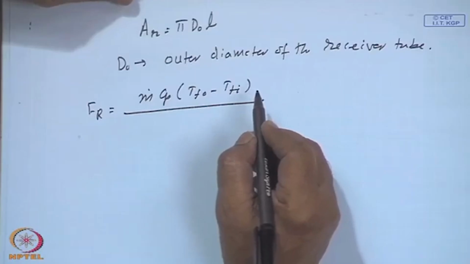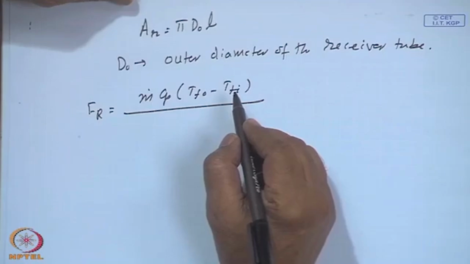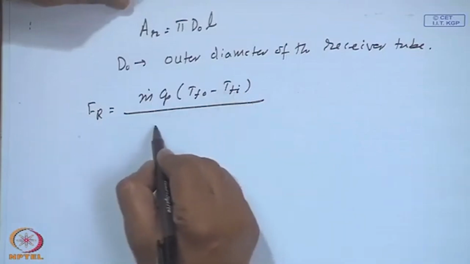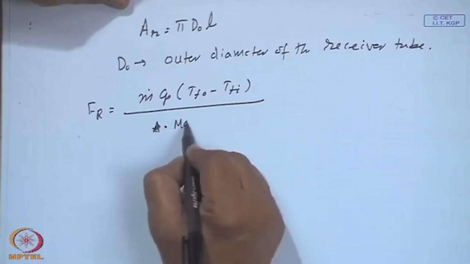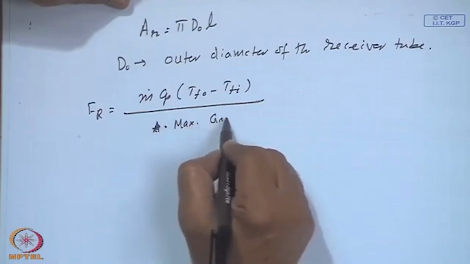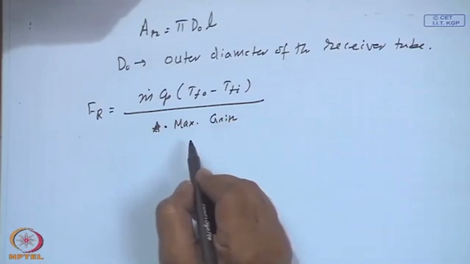So, this is the heat removal factor, divided by the maximum gain, which we have already explained in terms of Tfi.